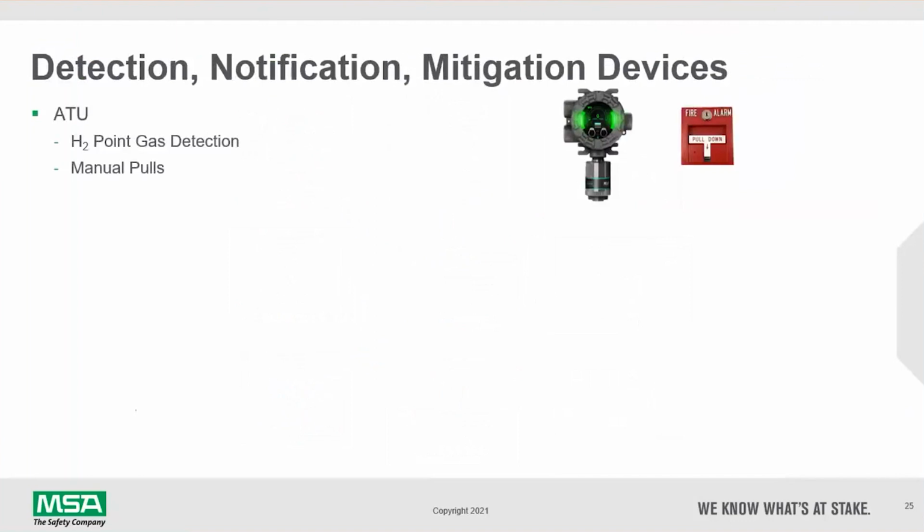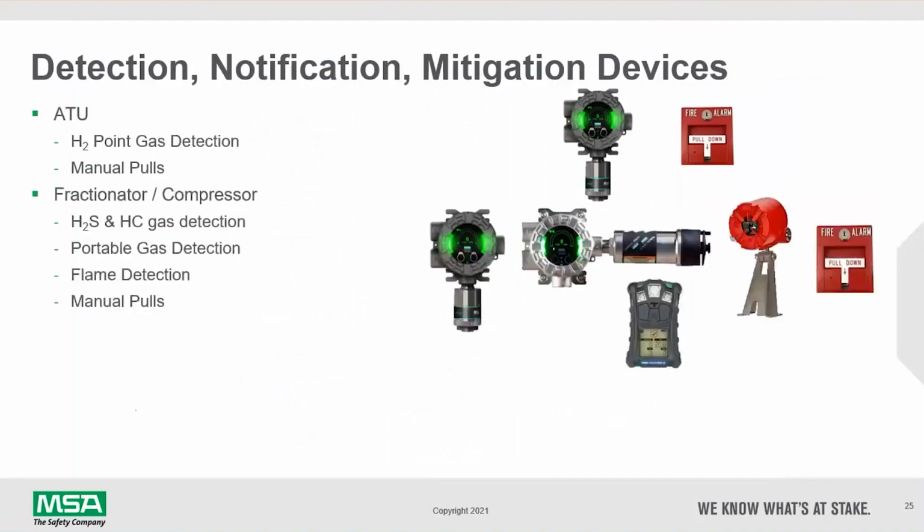For our ATU example, we have hydrogen point gas detectors, and we also decided that manual fire pull stations in the ATU area would be a very good idea. In our gas vent, we also have a fractionator and a compressor, and we also wanted to show how point H2S and point infrared hydrocarbon detection could be implemented along with portable gas detectors. Got a picture of that, which our technicians would have on their person when they enter our different areas of the plant.